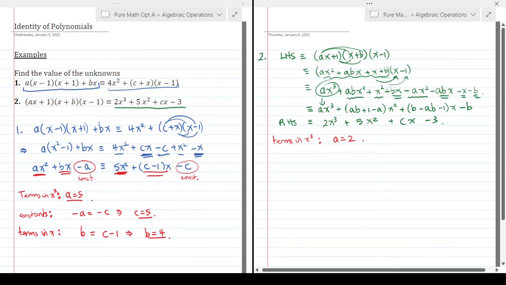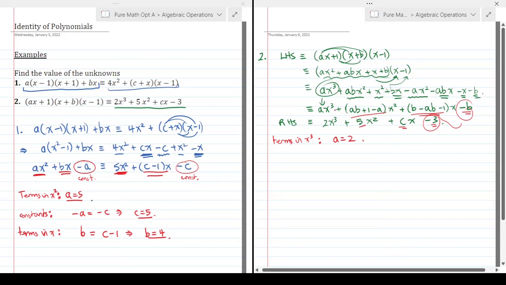Now I'm just going to look down and compare. So this has to be 5, this here has to be c, and this here has to be negative 3. When I go to this term here, I realize I could get the value of b just from the last term itself.